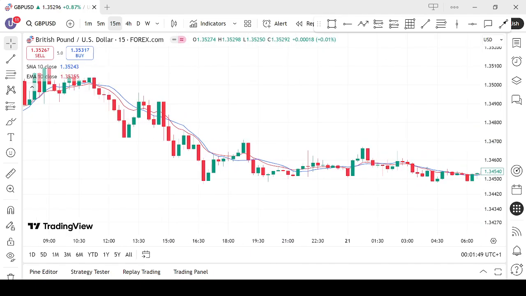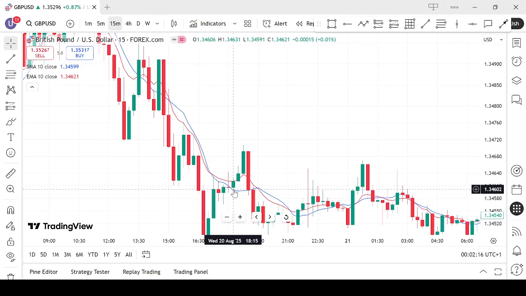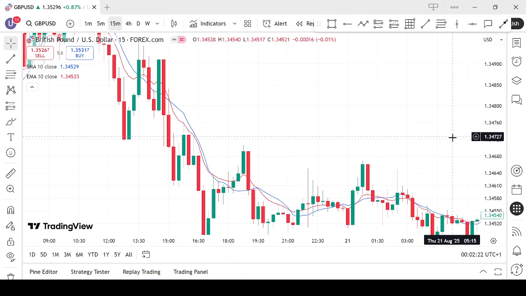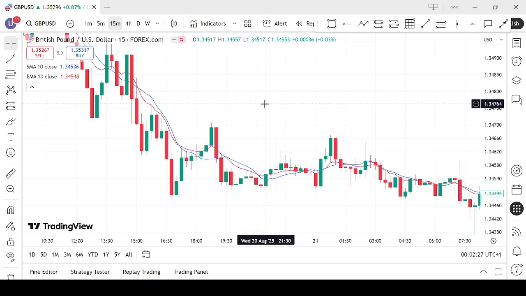And as you can see at this area in the market, the blue line indicates the simple moving average, and when price spiked to the upside before coming back down, it was only the red line, which is the EMA, that responded to that movement because it gives more weight to the most recent price movement, while the simple moving average is usually the division of the previous 10 days data to predict what price will do in the future.